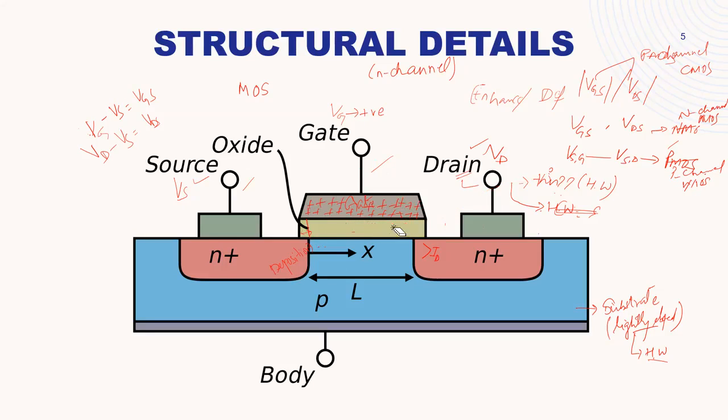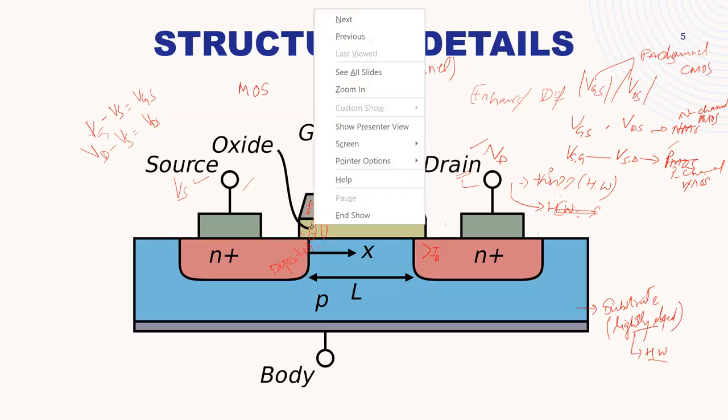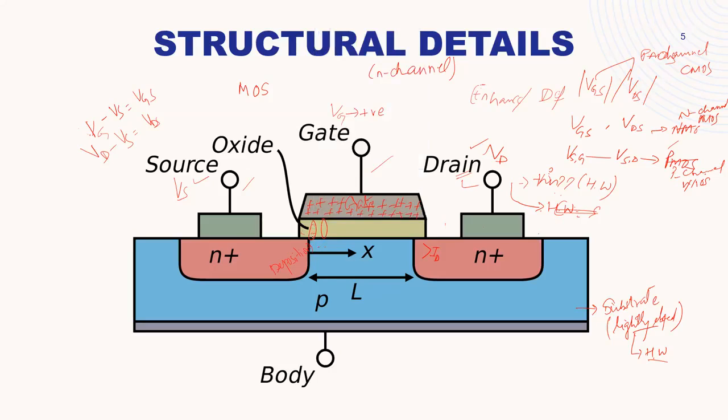You can go and study in your physics, or if you remember, they start polarizing. That means it starts separating into positive and negative. If there is positive towards the interface between the gate and dielectric, negative charge will come here, and positive charge will come at the other side. This is known as polarization effect.